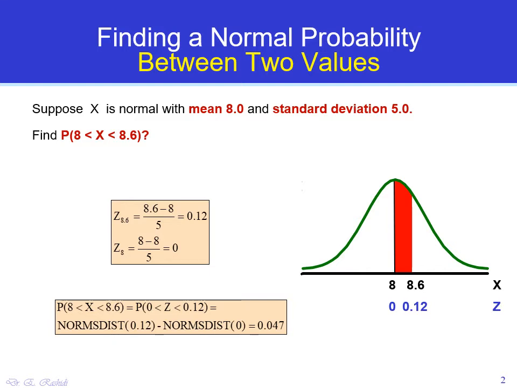You need to find the probability that x is less than the greater value minus the probability that x is less than the smaller value. Here the greater value is 8.6 and the smaller value is 8. So that is the probability that x is less than 8.6 minus the probability that x is less than 8.